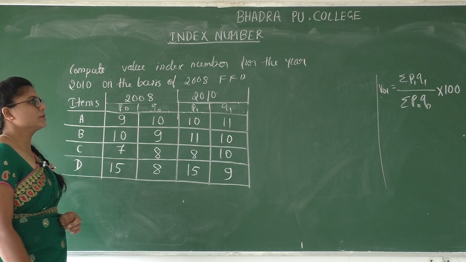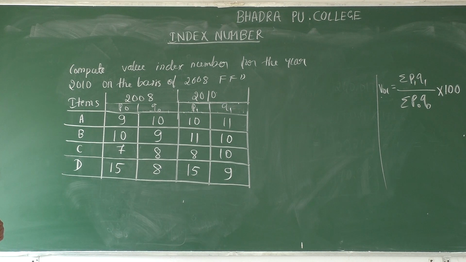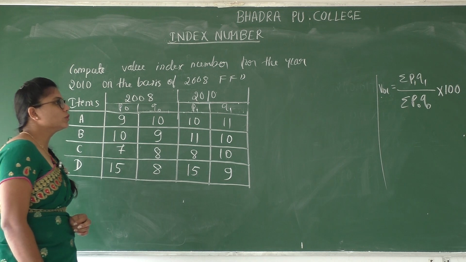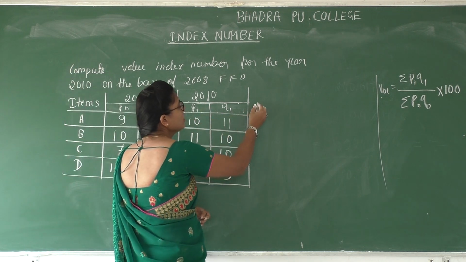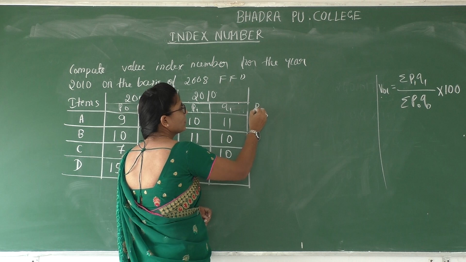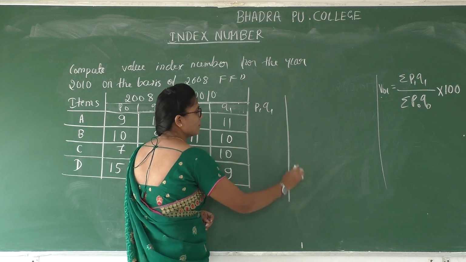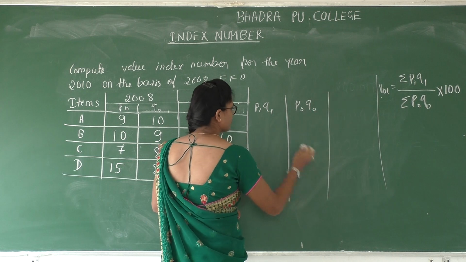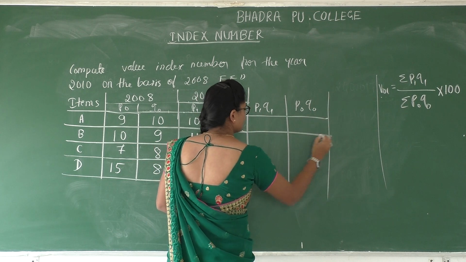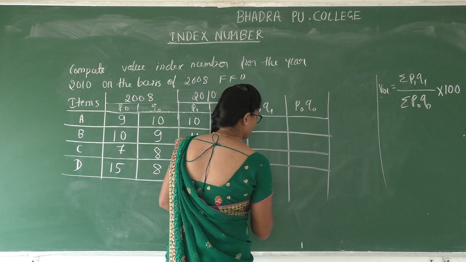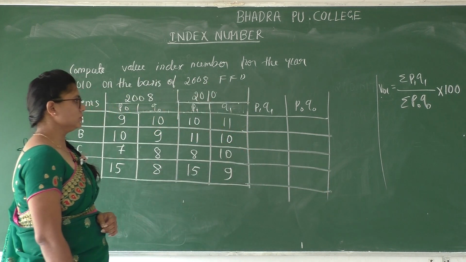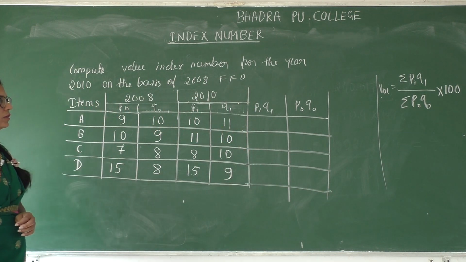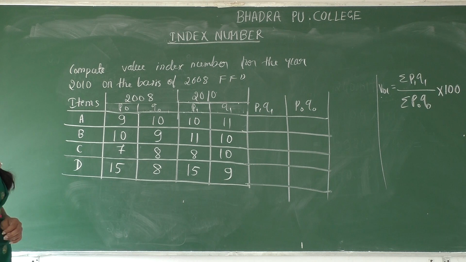So what do we need to calculate the formula? We need P1 Q1 as the first column, and then P0 Q0 from the question. The next step is multiplication, so we get P1 Q1 and then P0 Q0.